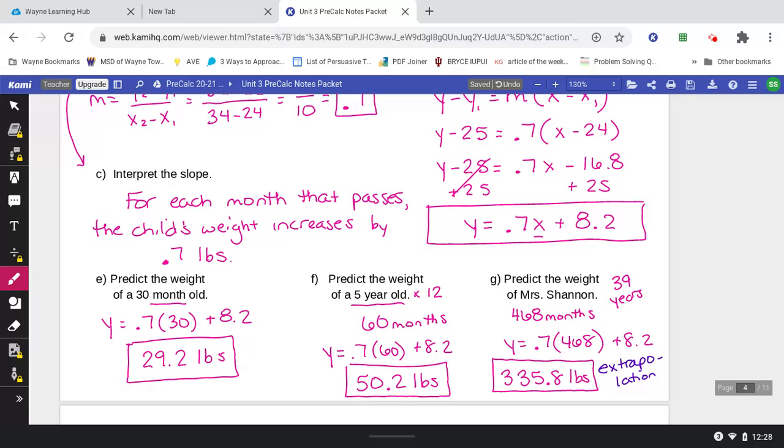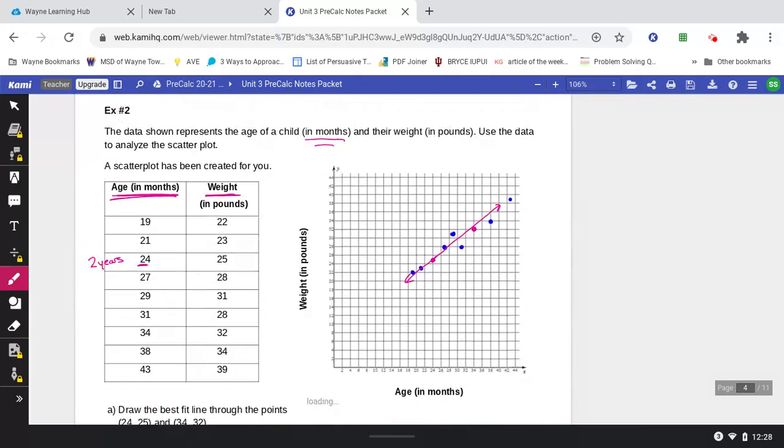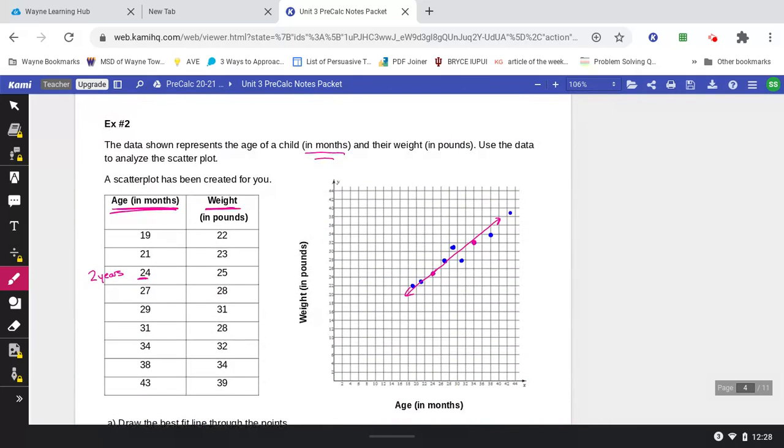But at some point in your life, you should not continue to gain 0.7 pounds every month. So whatever that time is, maybe 17, 18, 19, 20 years old, eventually your weight kind of evens out, and it's not going to still follow this direct line. Right? At some point, it kind of starts to do one of these, kind of like evens out.